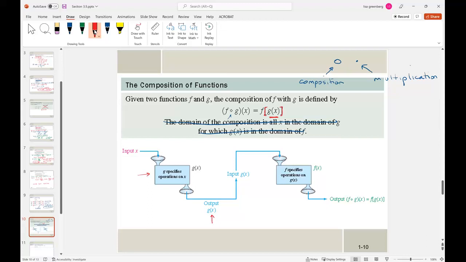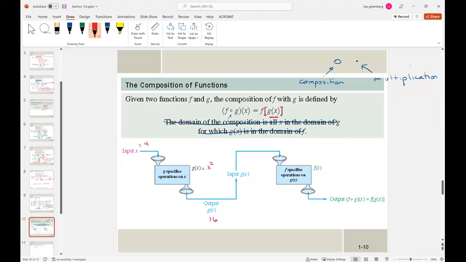Let's say x is 4. So we put 4 into the squared function and out comes 16. Let me write that down, just as an example, not always. So let's say we're going to input 4, and we're going to say g of x is equal to x squared. And what's going to come out is 16, right?